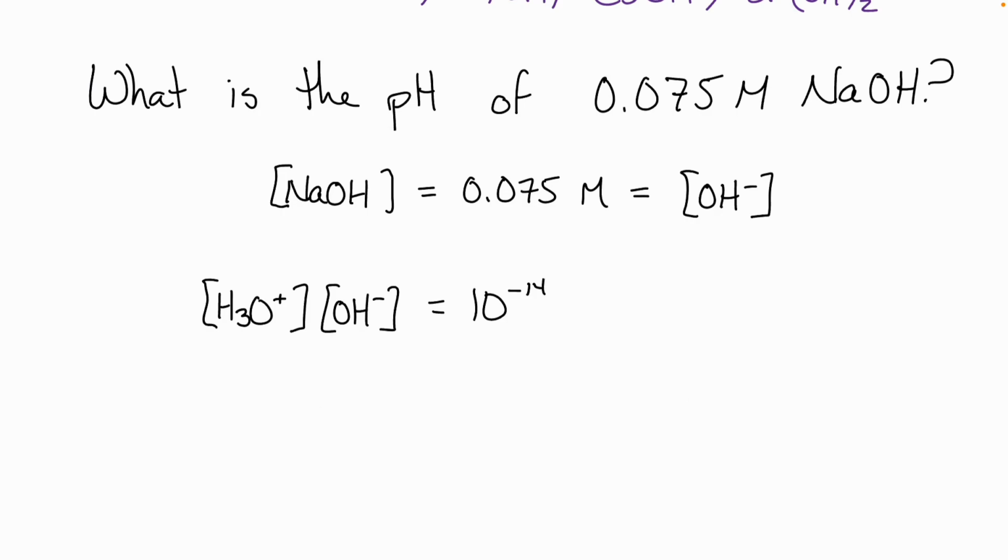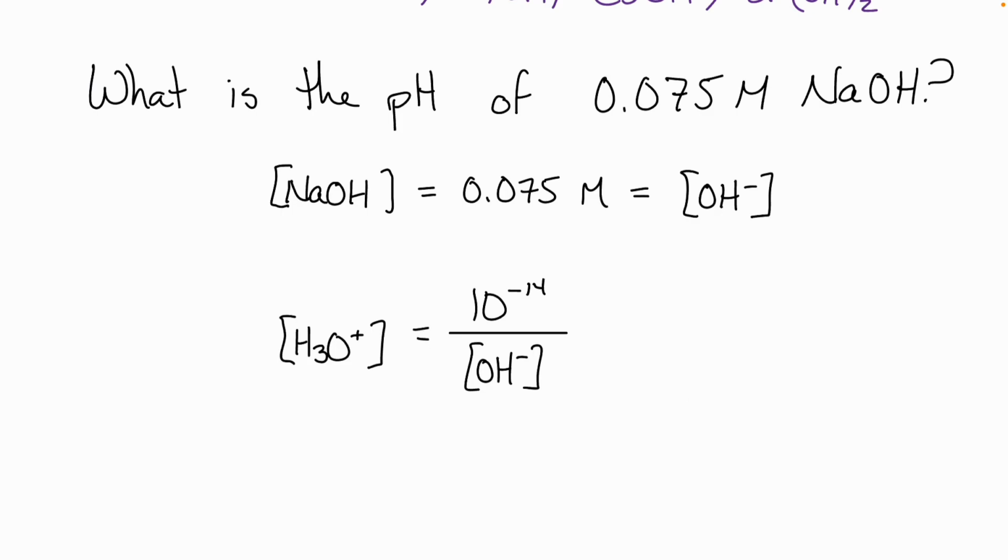I'm going to rearrange it to solve for hydronium ions, so I'm going to divide both sides by that hydroxide ion concentration. So that's 10 to the negative 14 over 0.075, which is 1.3 continued times 10 to the negative 13.